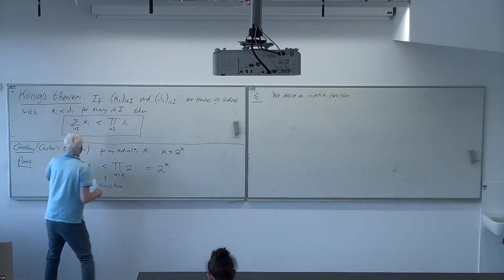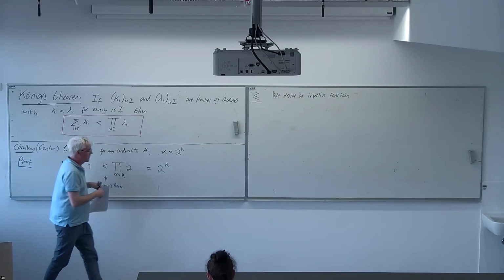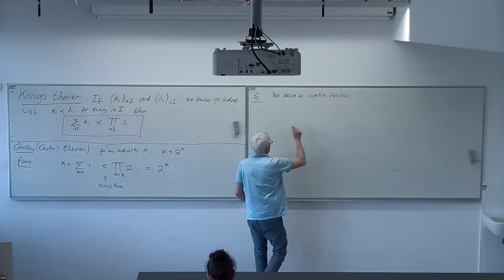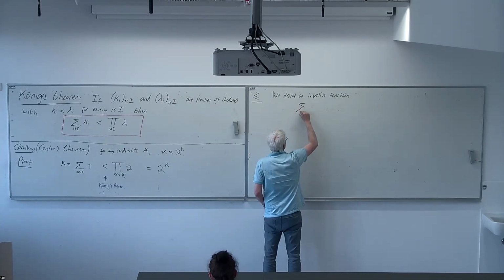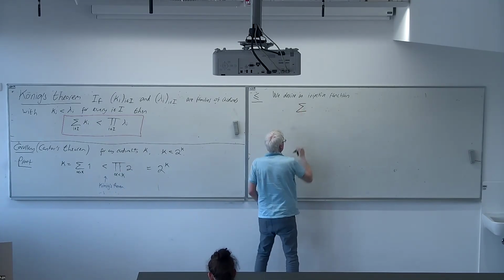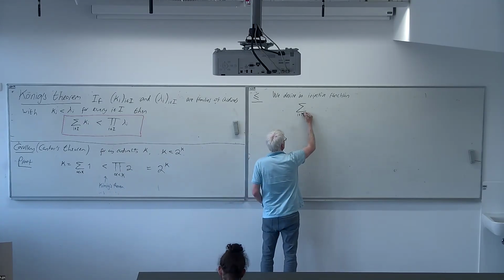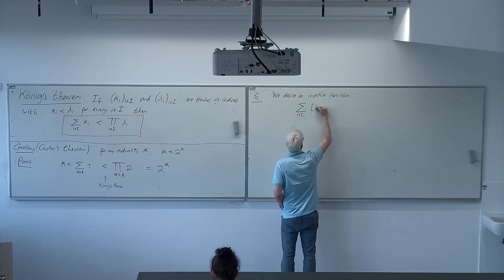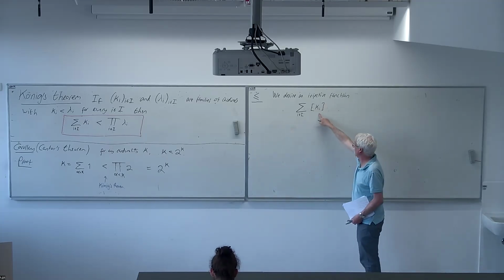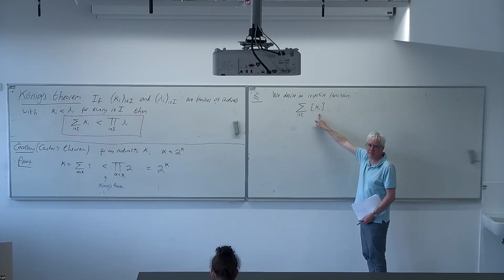We defined the sum of the cardinalities to be the cardinality of the index sum of sets, where we were summing, for every kappa_i, the set of ordinals strictly less than kappa_i.